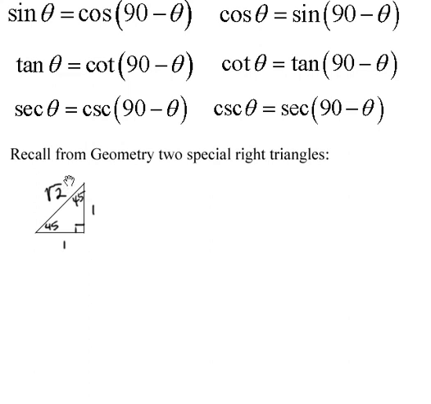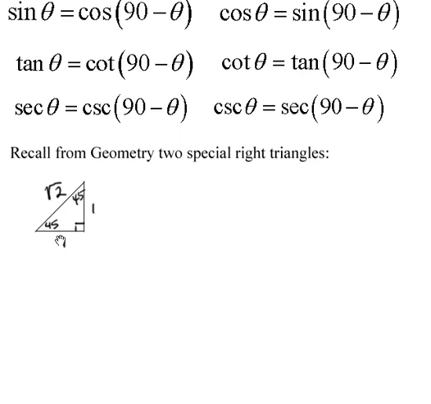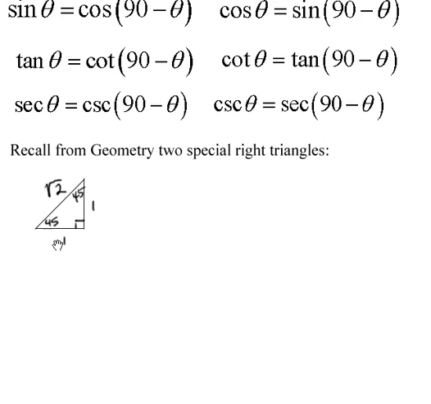But when reduced to their lowest ratio, this side is 1, this side is 1, this side is the square root of 2. Remember from geometry that since these two angles are congruent, the sides opposite them would be congruent as well. So in a 45, 45, 90, if that side's 1, this side has to be 1. Do the Pythagorean theorem, the hypotenuse has to be the square root of 2.